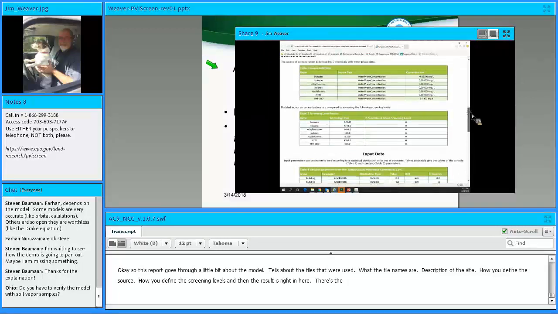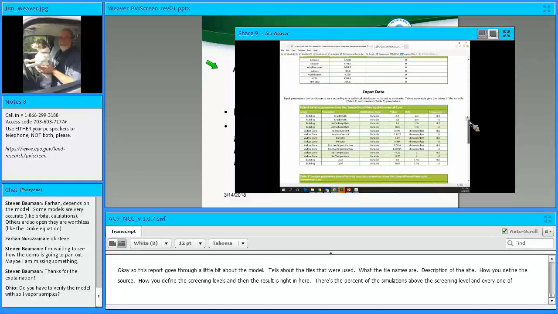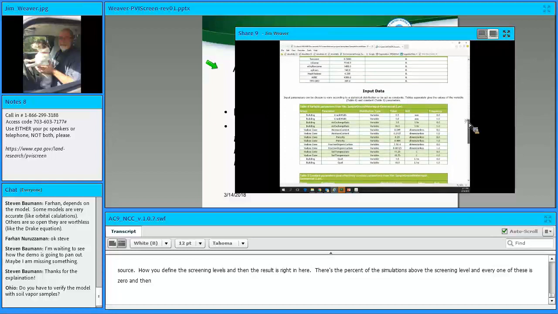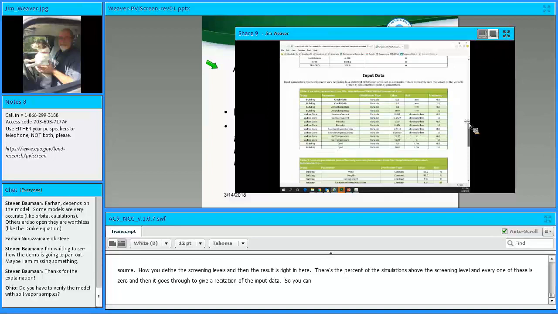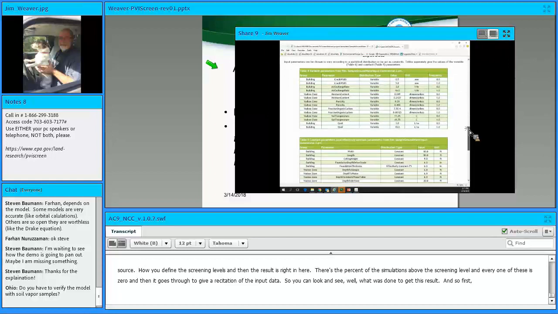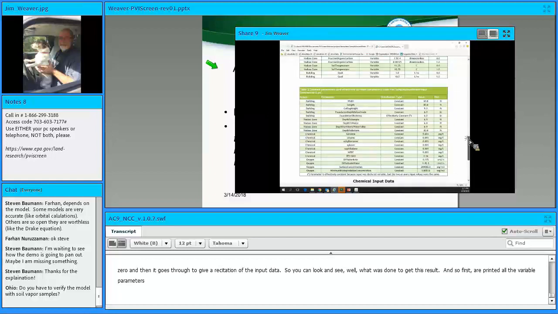Then it goes through to give a recitation of the input data. So you can look and see, well, what was done to get this result. First are printed all the variable parameters, followed by the constant parameters.